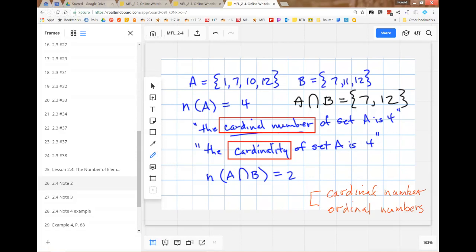That three from the 3rd is not telling you how many, it's telling you what order their team is in the standings. We don't normally differentiate between those two, but do you see the difference? A cardinal number is the number that it is, and an ordinal number simply refers to what order something might be in.